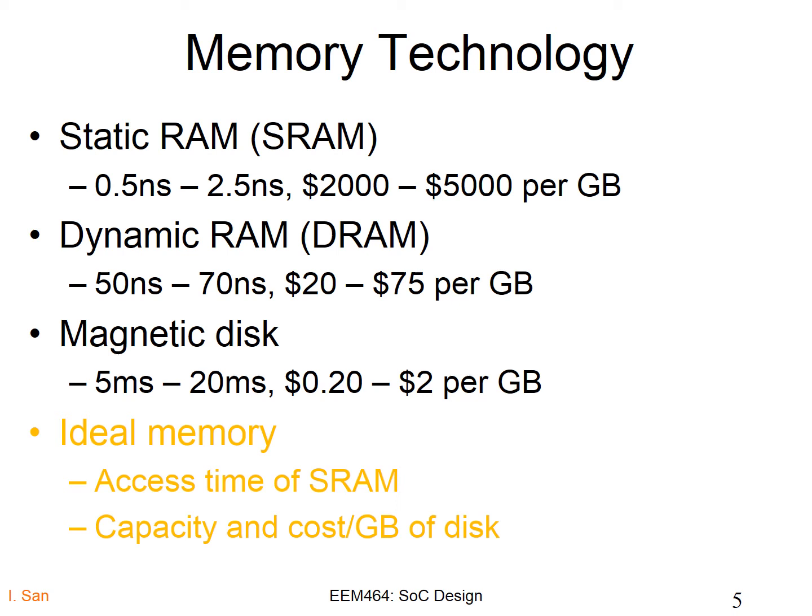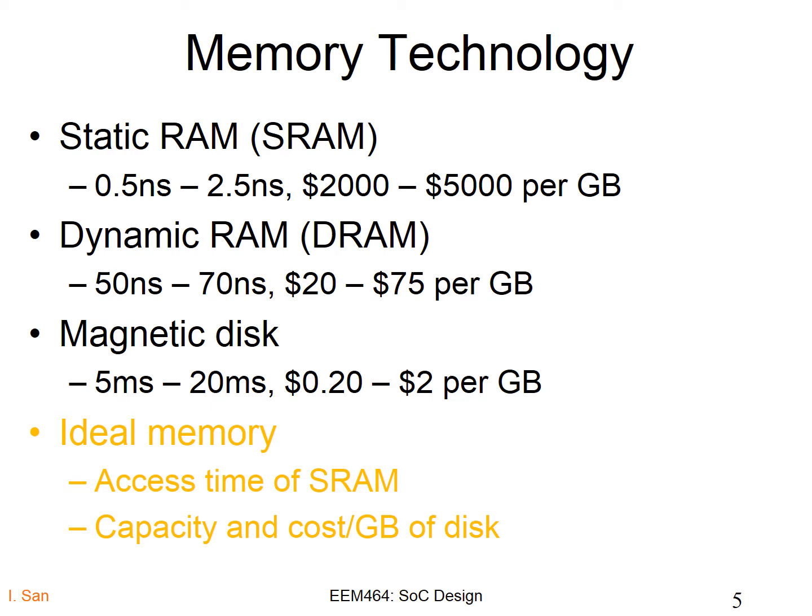But what is an ideal memory? You would like to have the access time of SRAM, but the capacity and cost per gigabyte of a disk. This is ideal, but you cannot build such a system with today's available memory technologies.